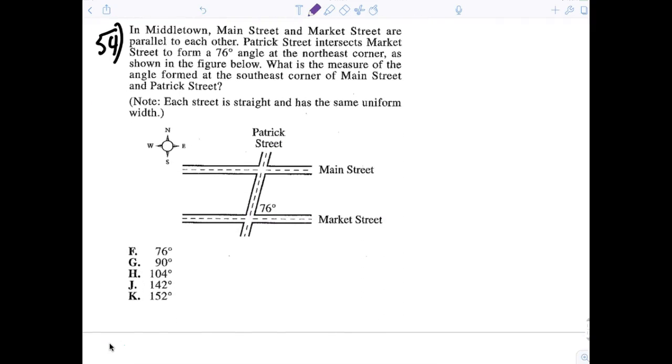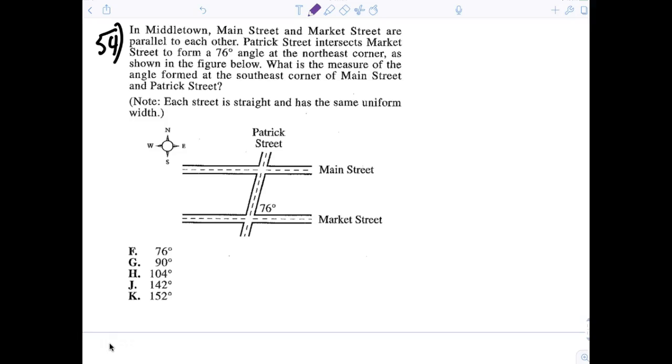It says in Middletown, Main Street and Market Street are parallel to each other. Patrick Street intersects Market Street to form a 76-degree angle. What is the measure of the angle formed at the southeast corner of Main Street and Patrick Street?